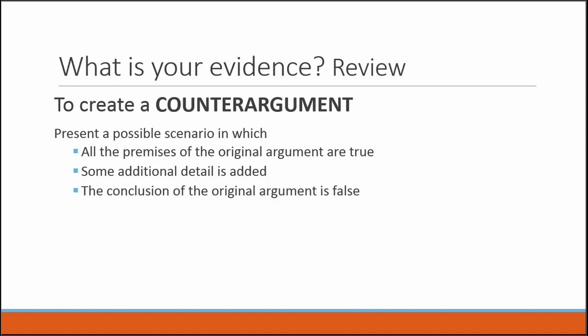Why does this work? You should be able to explain why counter-arguments demonstrate invalidity, and this has to do with the definition of validity. If you can't explain why, you should come get help.